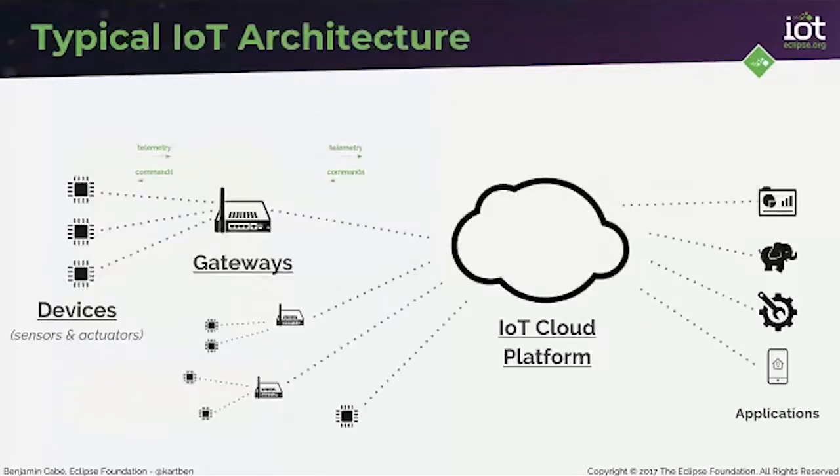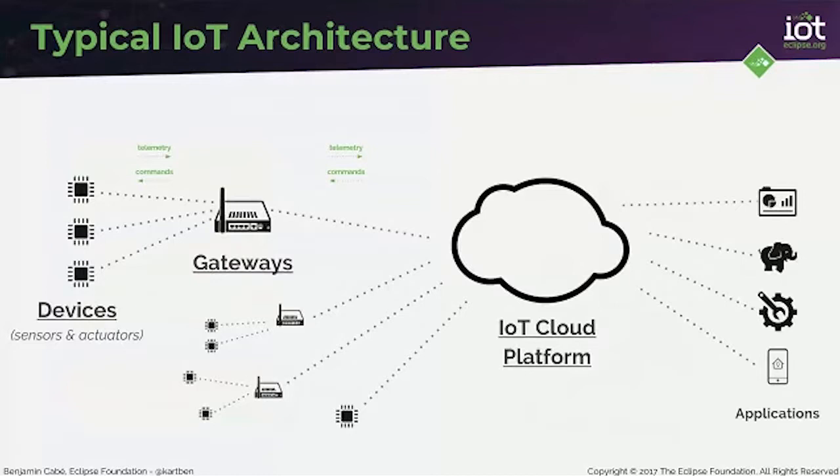So the way you typically get to a point where you turn your physical world into actual meaningful information is by means of sensors, right, that are in the field that you need to bridge to the good old internet and expose. You want to make them available through APIs, basically.